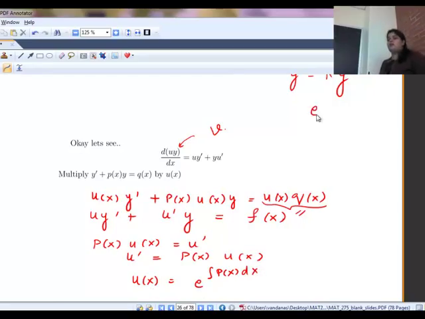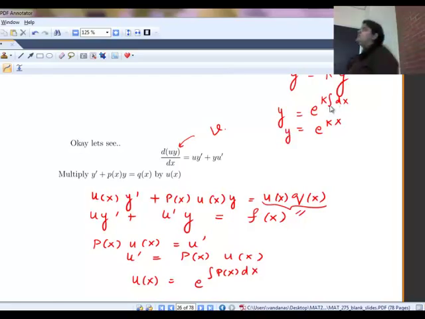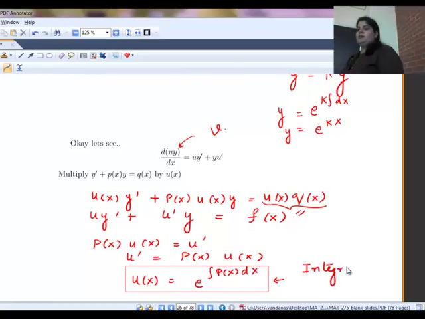As you had e to the power k times integral dx, which is e to the power kx, which you said very quickly, but it was actually the integral of dx. So this is u, and it has a name, it's called the integrating factor. It combines the left hand side two terms.